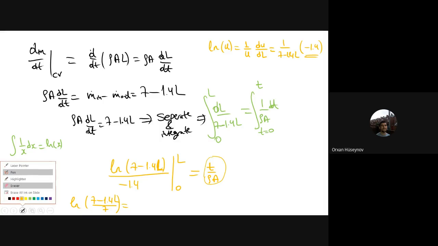Therefore, what I can do is say this one is the constant C.